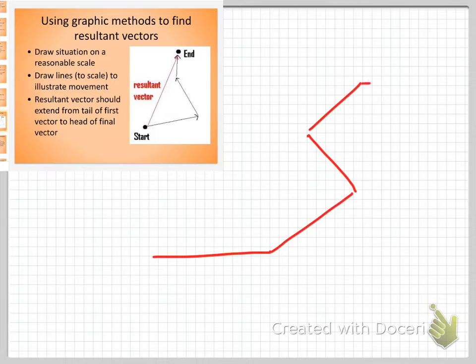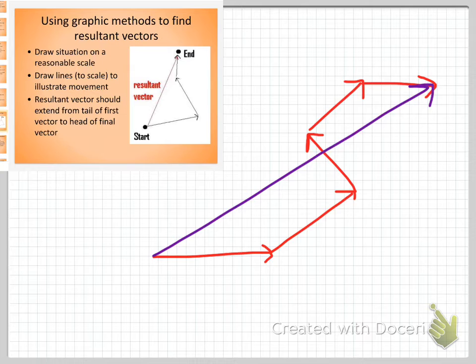If I do that path of travel, and let me not be a hypocrite when I yelled at somebody about where are the arrows on your vectors, if I want to do that algebraically, I can, but it's a pain. Much easier to do that one graphically and get a rough estimate.